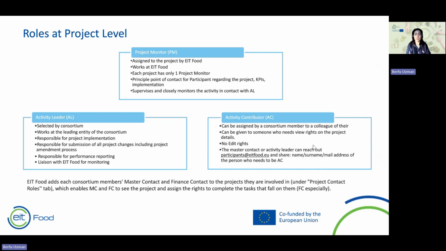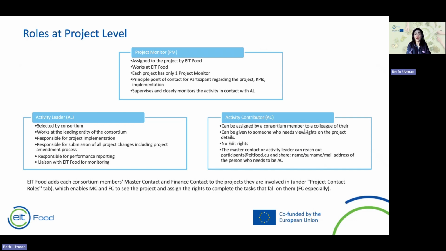The activity leader is responsible for project implementation, and for submission of all project changes, including the project amendment process. This can be a budget change, a KPI change request, a deliverable output, or a timeline change. So anything about your project which needs a change has to be submitted by the activity leader. This person is also responsible for performance reporting.